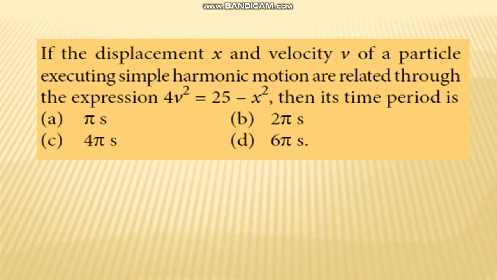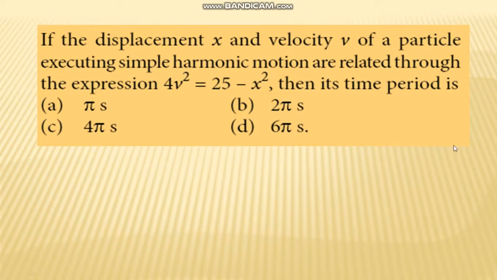Next question. If the displacement x and velocity v of a particle executing SHM are related through the expression 4v square is equal to 25 minus x square, then its time period is? Whether the given equation is in standard form or not, it is necessary to check.